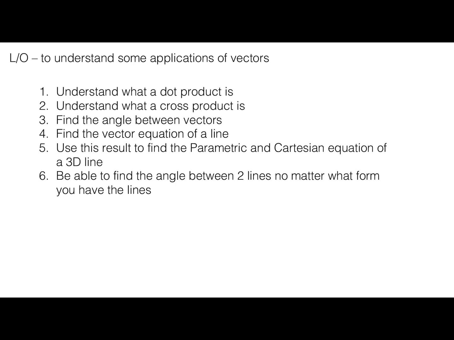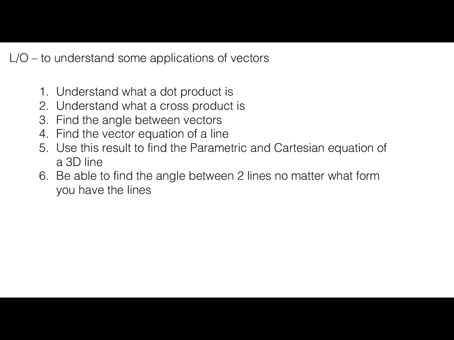Then we're going to look at how we might find the angle between two vectors. We're going to find the vector equation of a line, and we can use the vector equation of a line to find parametric and Cartesian equations of a three-dimensional line. At the moment, you know that you can do a two-dimensional line as y equals mx plus c.